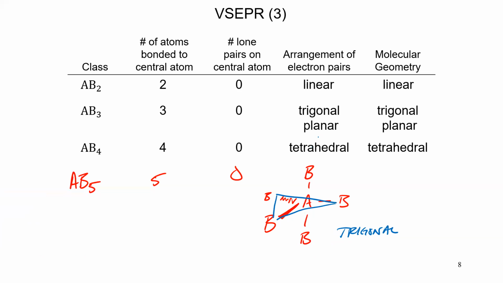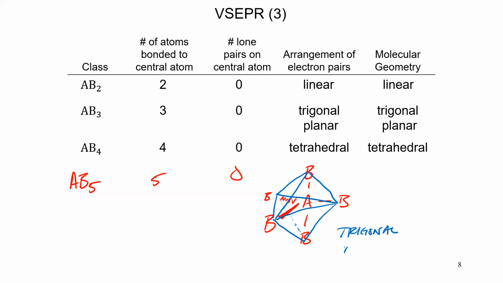And if we kind of try to connect the dots here, we've got a pyramid on top, but that pyramid has a triangular base. And we've got a pyramid on the bottom. Right?